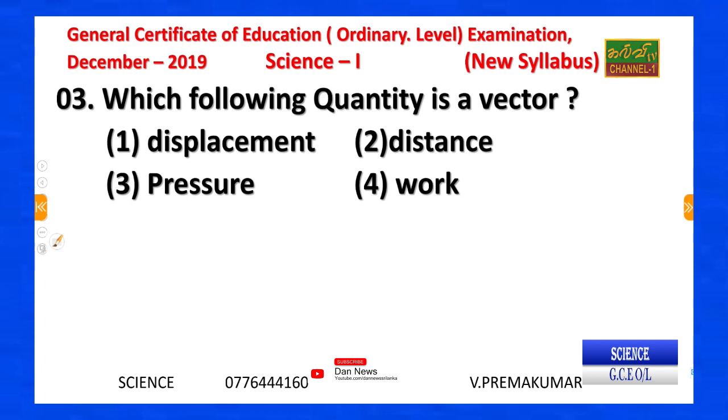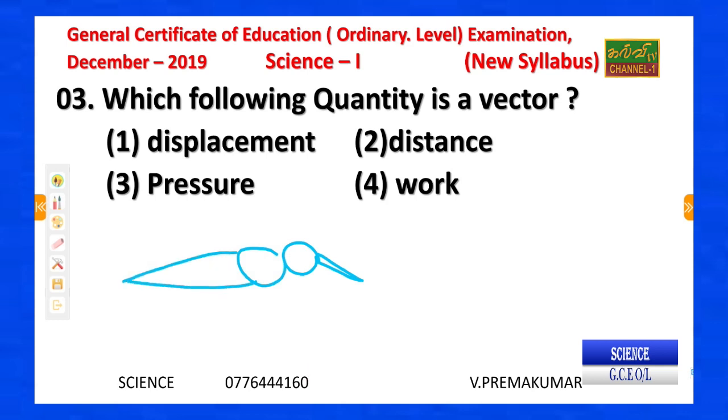Third question. Which of the following quantities is a vector? Vector means something you can remember easily. For example, a mosquito. Why do I explain it by a mosquito?